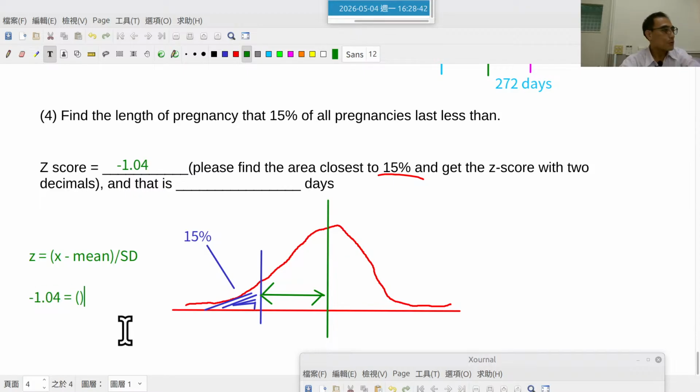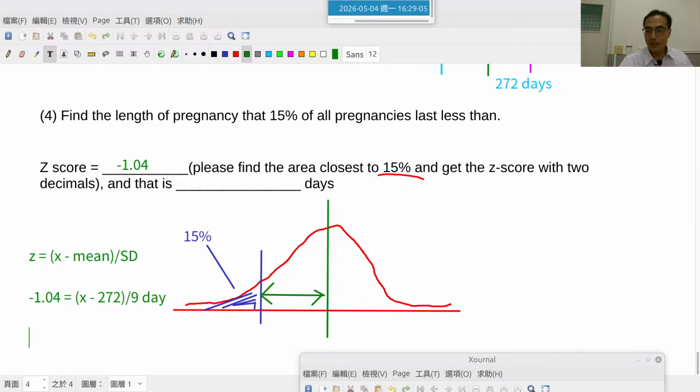That equals x days minus 272 days, divided by 9 days. So far okay, and we move 9 days to the left side.